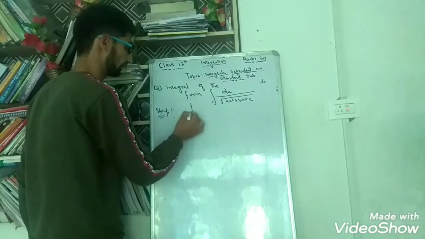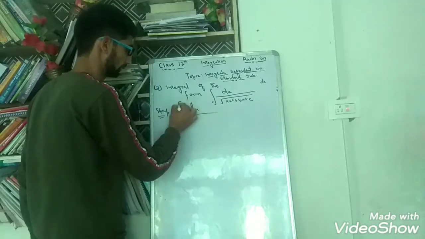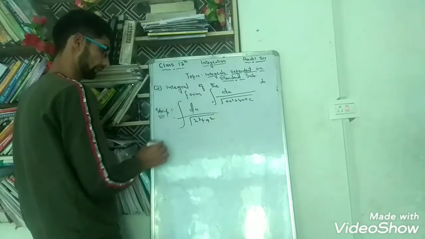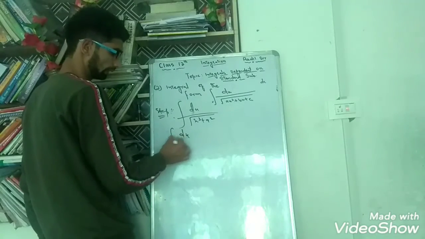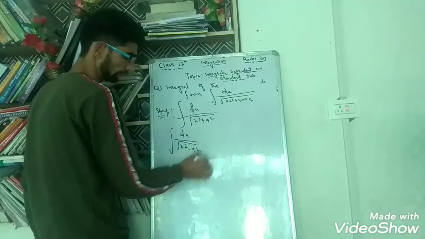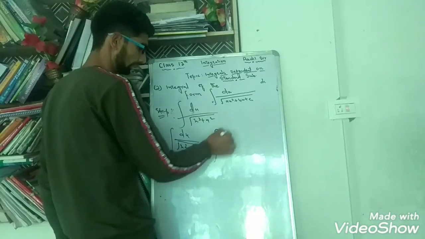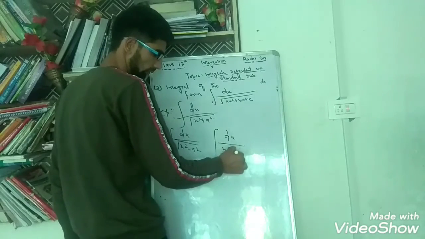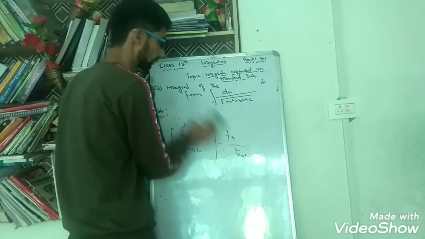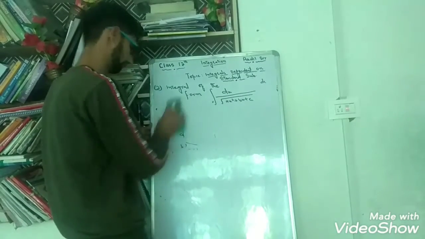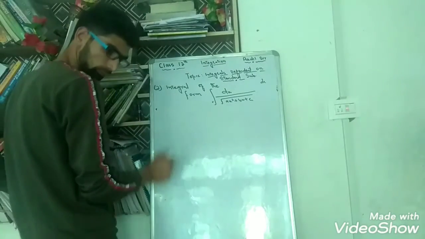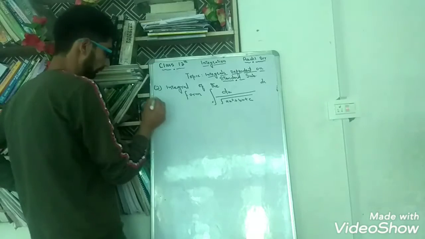After that you have to apply these types of formulas: the integral of dx divided by under root of x squared plus a squared. Also we have dx divided by under root of x squared minus a squared, which we have already done. And sometimes you can also apply the formula for dx divided by x under root of x squared plus a squared. So we will do one example that is based on this integral.